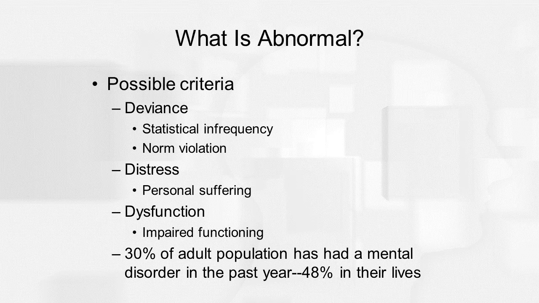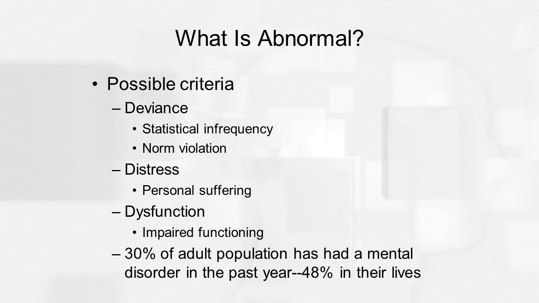Or what criteria are we going to use to consider a person's behavior to be abnormal? And in the past, we often considered this idea of deviance. When we consider a behavior to be deviant, what that means is that it's statistically infrequent. The behavior is unusual or it's rare.